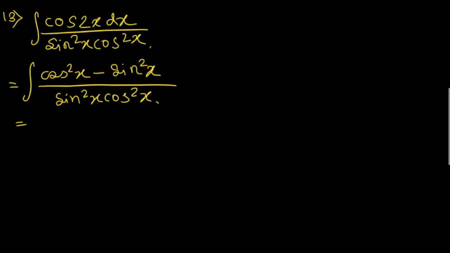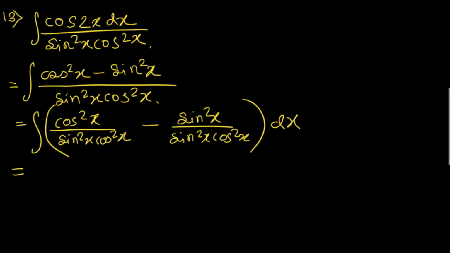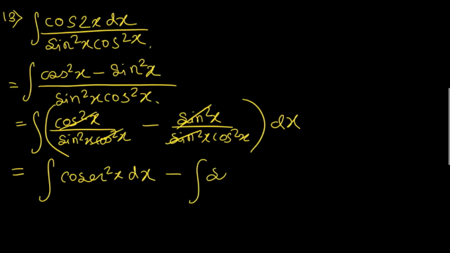So on breaking, cos square cancels, sin square cancels. So we integrate 1 by sin square x, which is cosec square x, and in the other term we are left with sec square x dx.